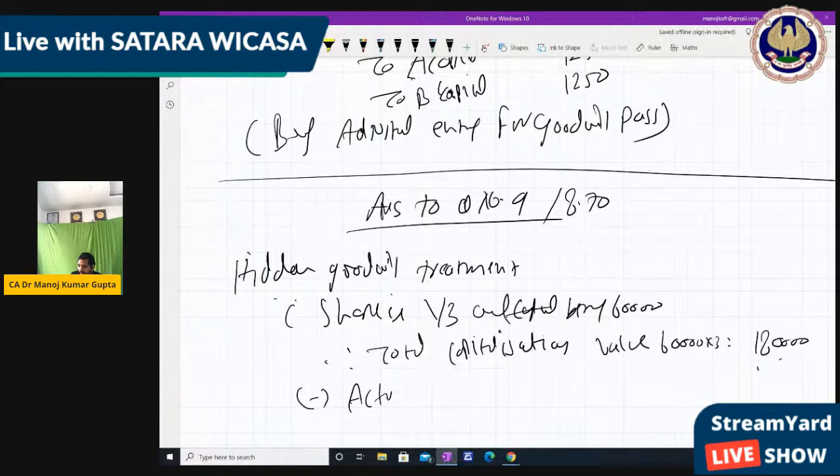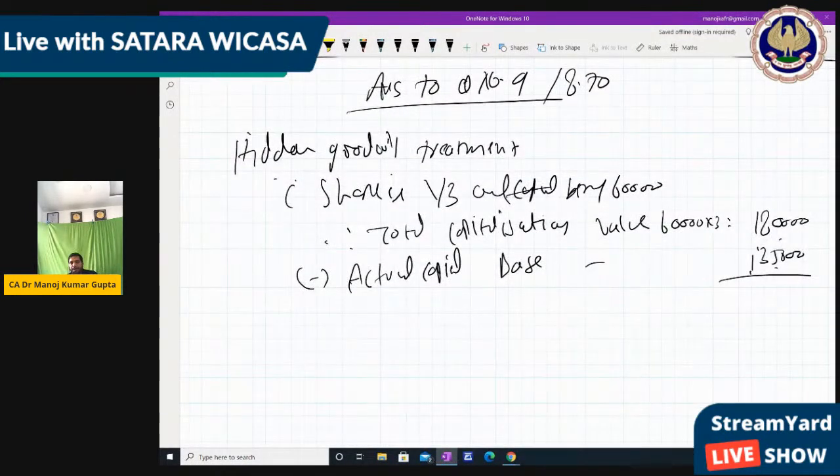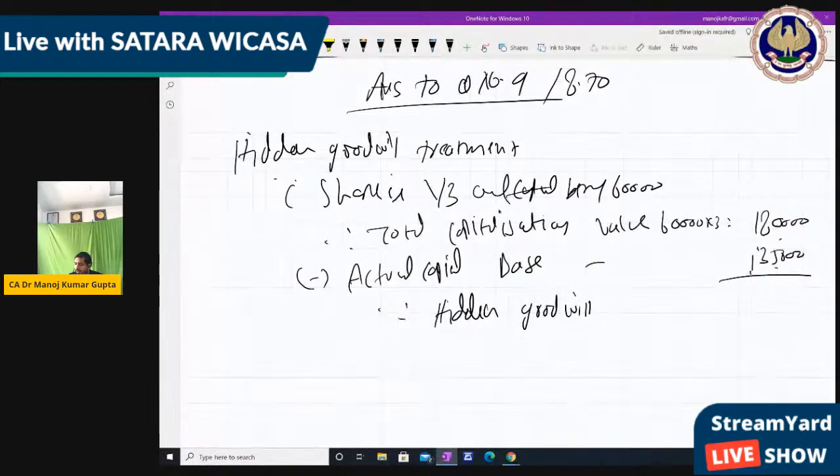Less actual capital base, which is 135,000 as given in the question. Therefore, hidden goodwill is equal to 45,000.